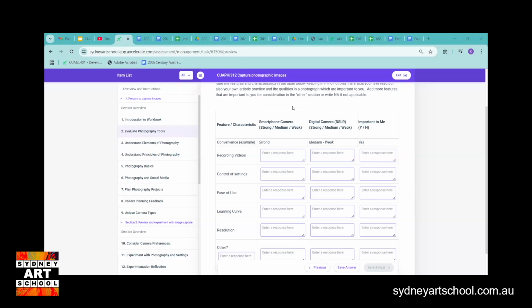Yeah, good. All right, let's go through a couple more. What about control of settings? Comparing the two to each other, smartphone versus digital camera. Sophie, what about you? Can you give me an answer on that one?